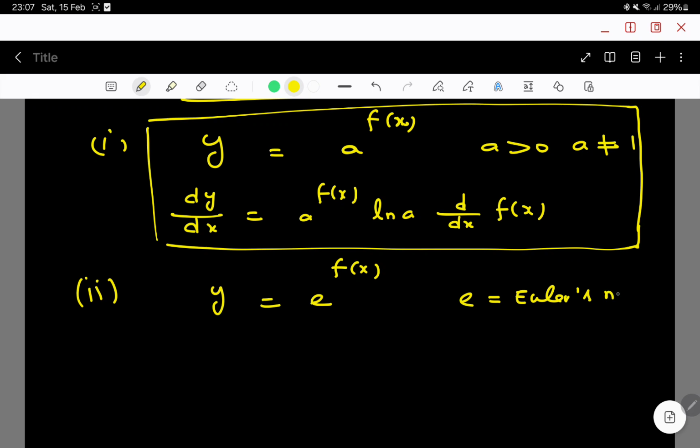Euler number is an irrational number. So e equal to 2.718, that is the approximate value of e.